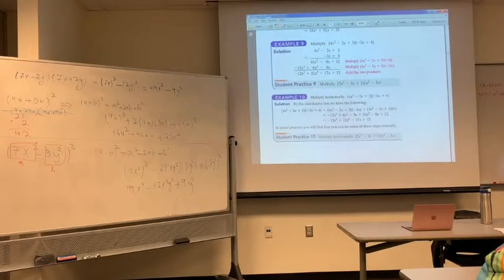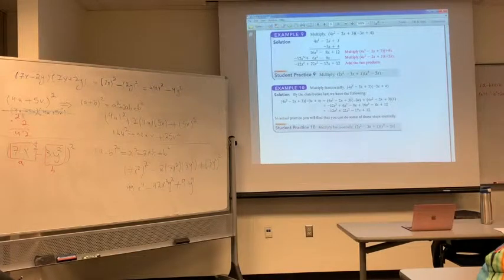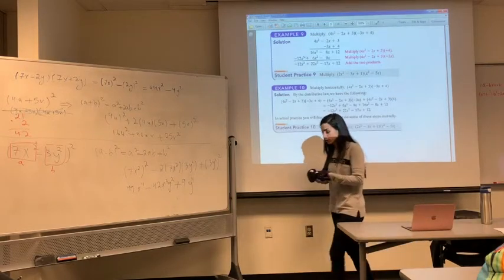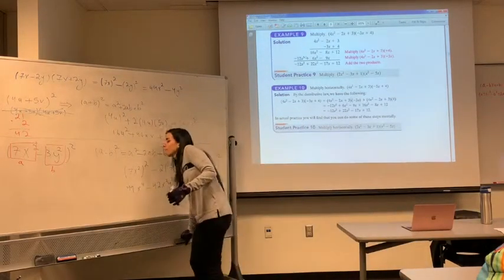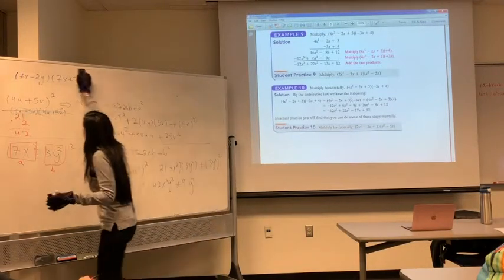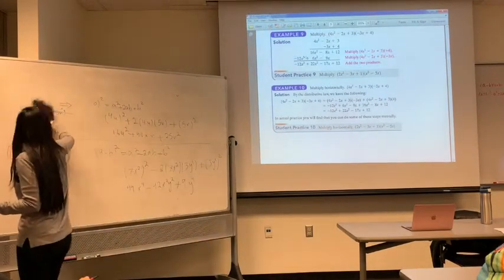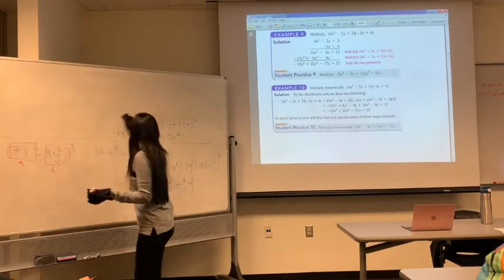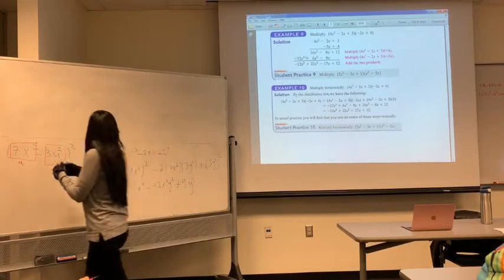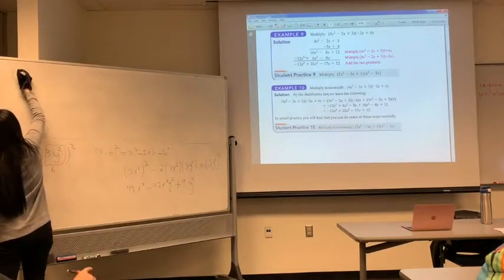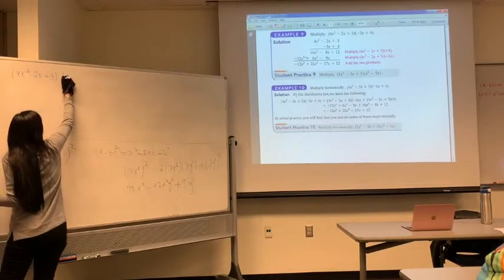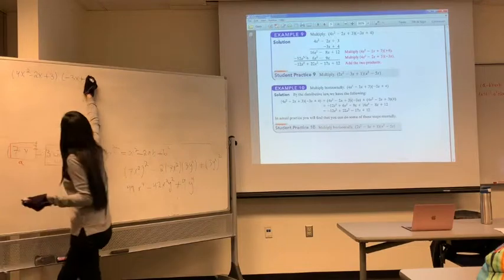So now let's do this. Trinomial multiplied by binomial. So we have 4x squared minus 2x plus 3 multiplied by negative 3x plus 4.